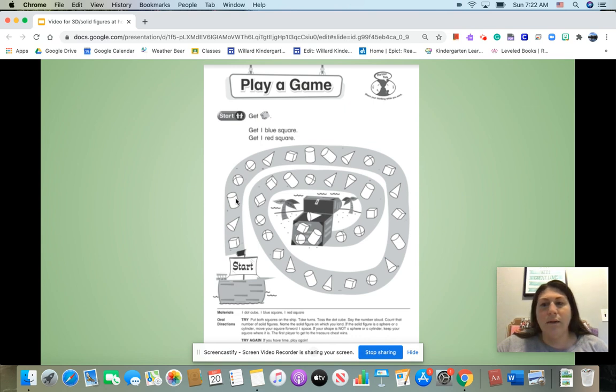If you do not land on a sphere or a cylinder, like a cube or a cone, you have to, I believe, stay right where you are. Okay, so you don't move, stay right where you are. And whoever gets to the end, the treasure, is the winner. So that's how you play this game. This game, it would be great if you had like an older buddy to play with.